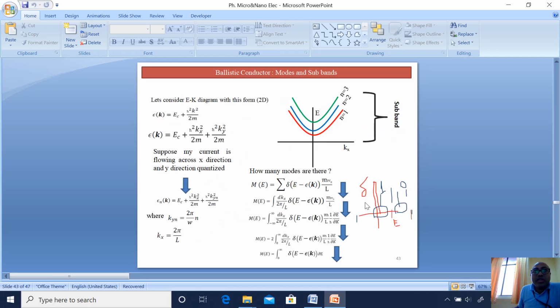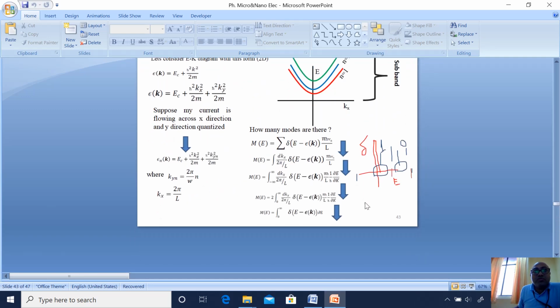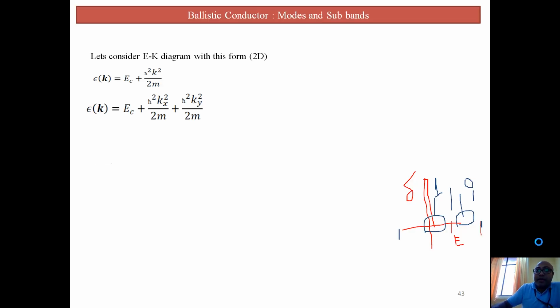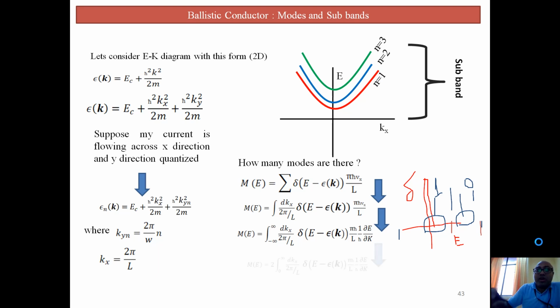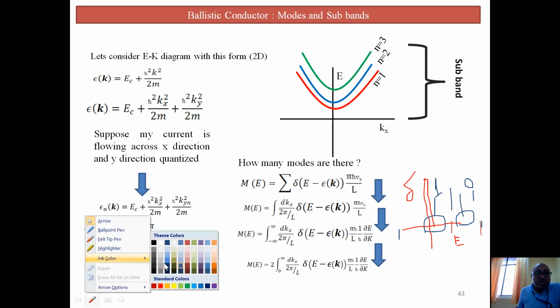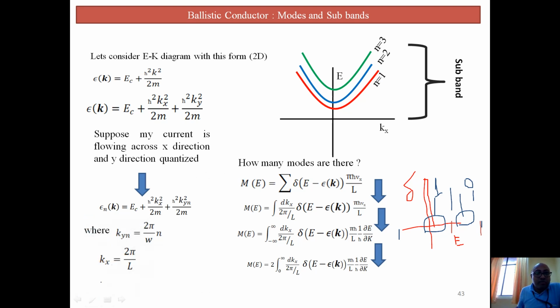So how to calculate the number of modes, we already did a lot of exercises. Let's remember this part. We know how to calculate the number of modes for a two-dimensional solid and all these things. We have done a nice exercise on it, so there is no problem for us.